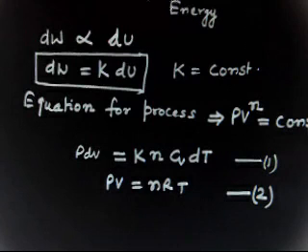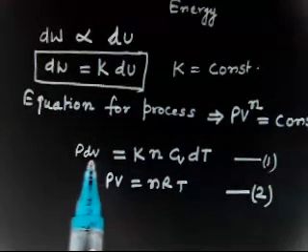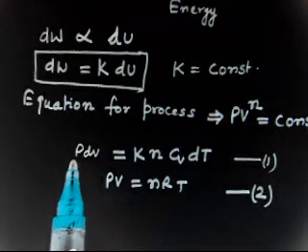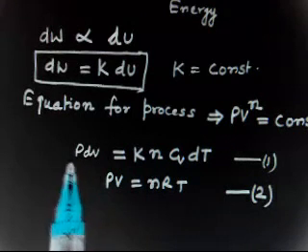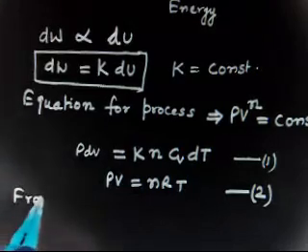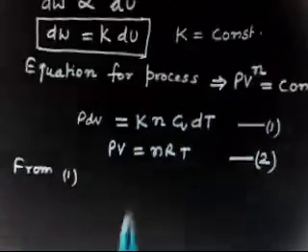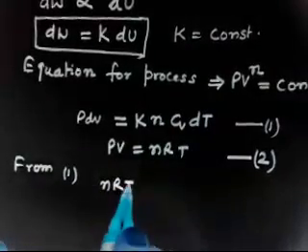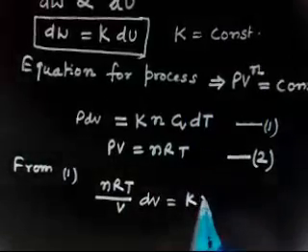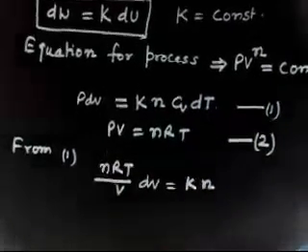So let us find, I want to do integration. So how we will proceed? This side we have dV. I want only two variables. So if I write P, I can write nRT by V. So let us put P is equal to nRT by V. So from 1 I can write P is equal to nothing but nRT by V, dV is equal to K times n into Cv dT.